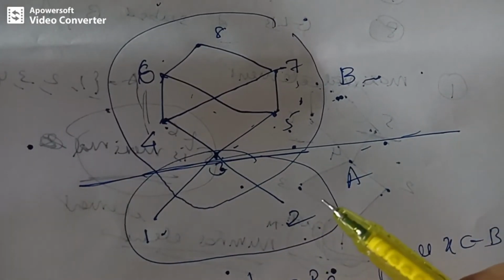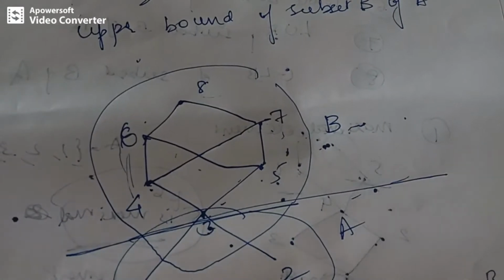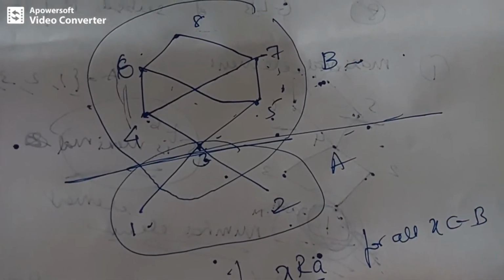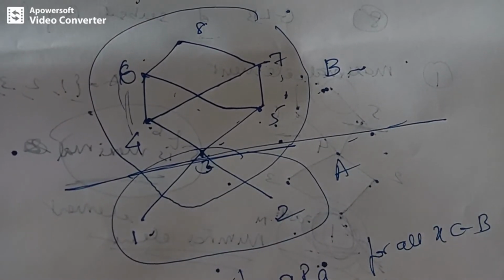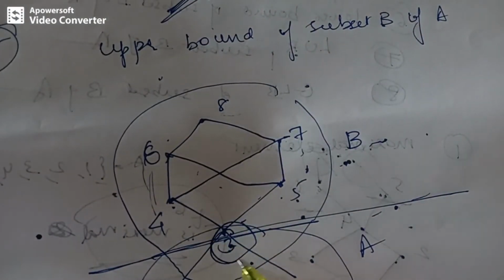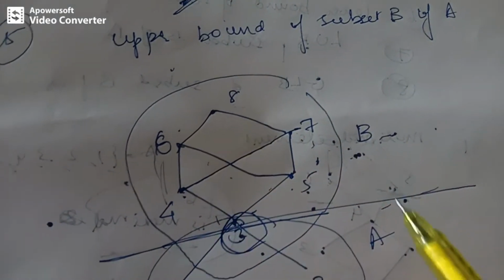This is the concept of upper bound, that is an element x must be related to a, wherein we say that that particular element is the upper bound of subset B. So you can consider the upper bound as from 3 onwards.